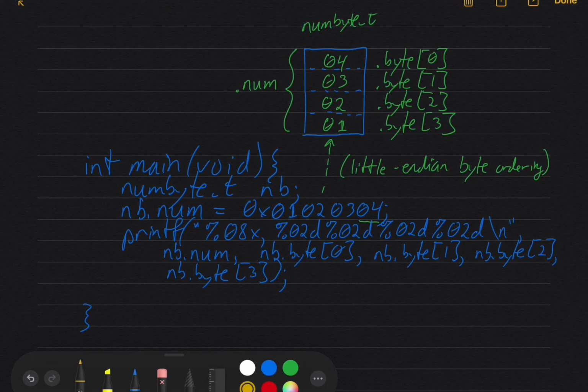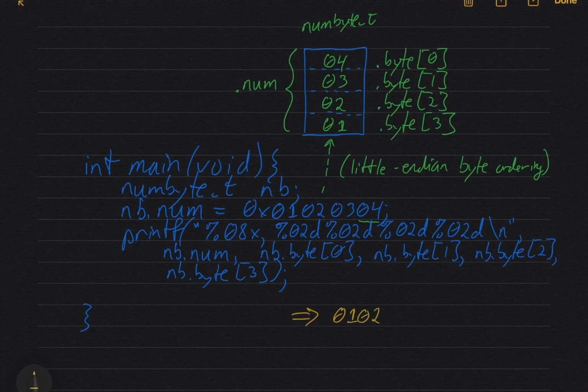Our output is going to be the 32-bit value. And when you print with the %x conversion specifier, it doesn't stick that 0x in front of it. You just get the hexadecimal digits.